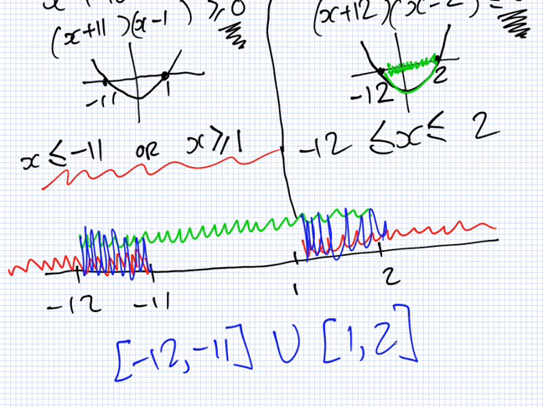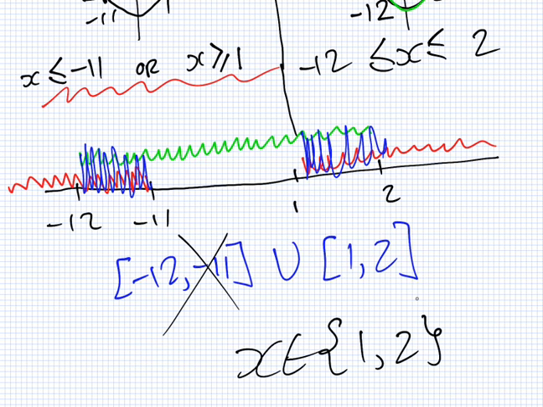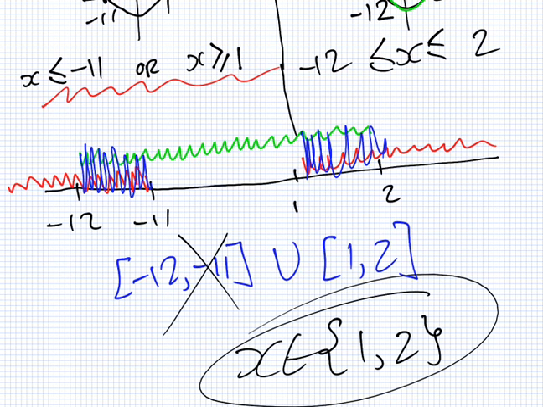The numbers now must be natural. So I can't use this, and I can't even use this because I don't want all the numbers between 1 and 2. If I only use natural numbers, then what's my answer? 1 and 2. Not 1 to 2. Just 1 and 2. So this is actually the answer here. X is the number 1 or the number 2.